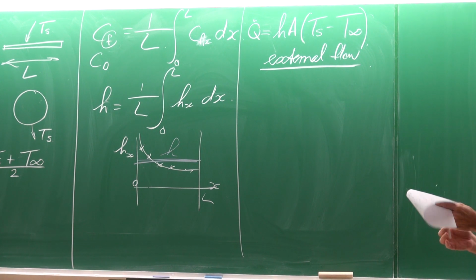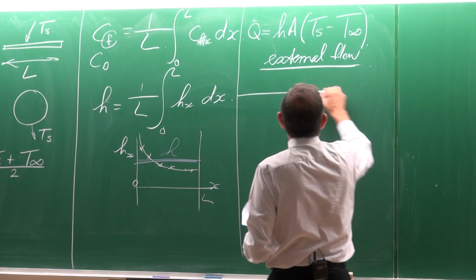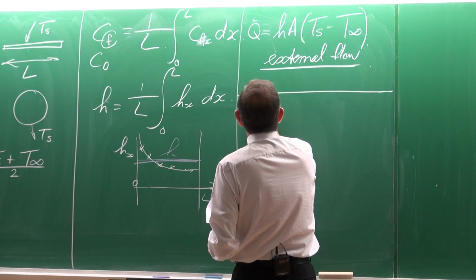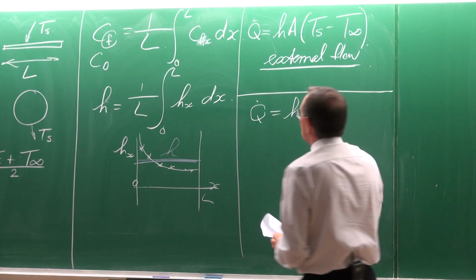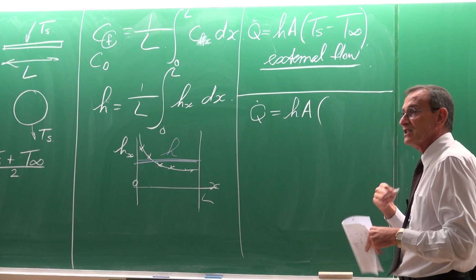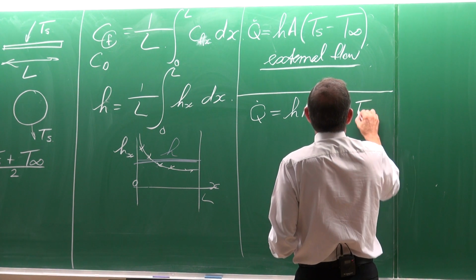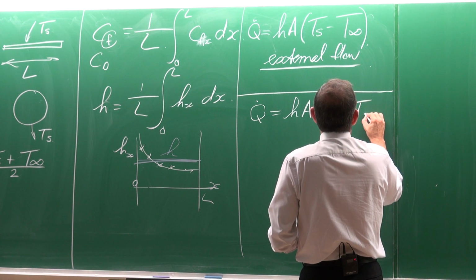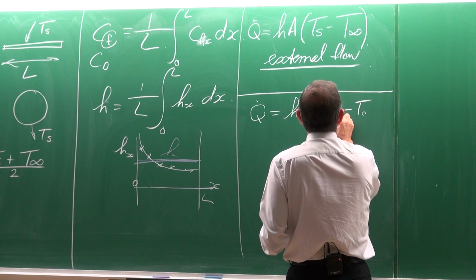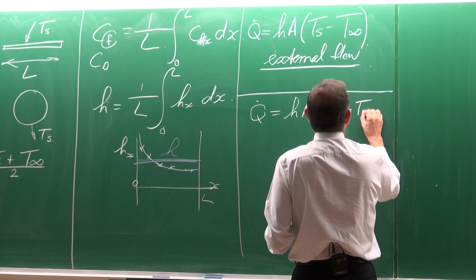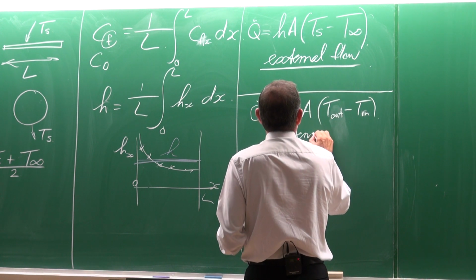Typically, all the flows that we're going to consider in this chapter. If the heat transfer is through an internal geometry, so that it's internal forced convection, then the heat transfer rate would be equal to the temperature difference between the outlet temperature minus the inlet temperature. So this is for internal flow.